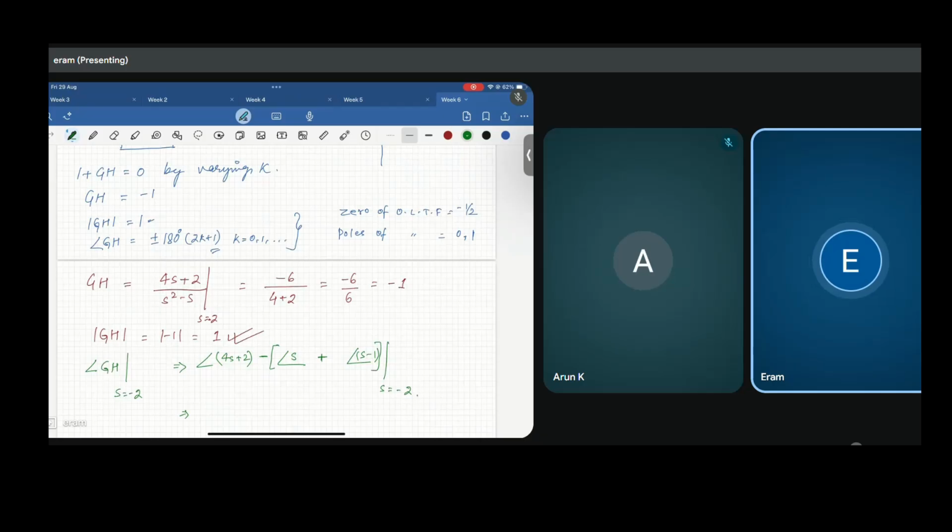So the angle contribution of the zero minus the angle contribution of the poles.